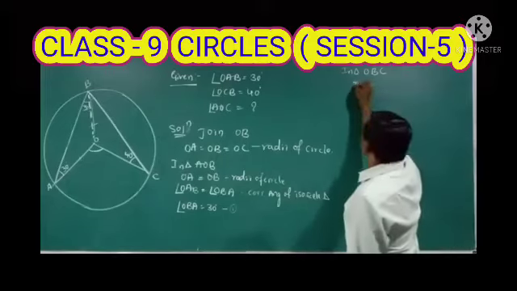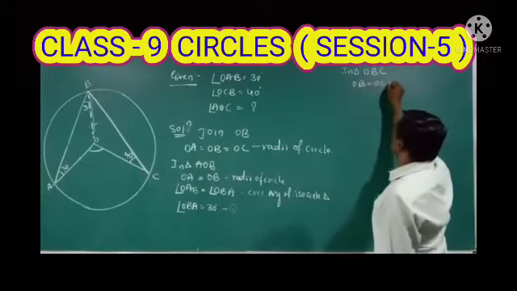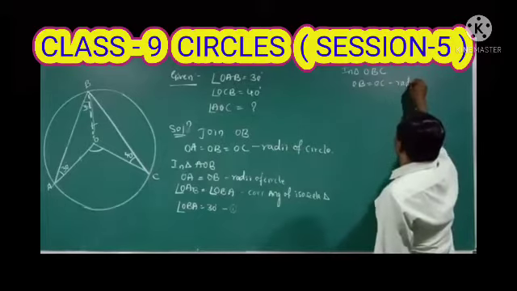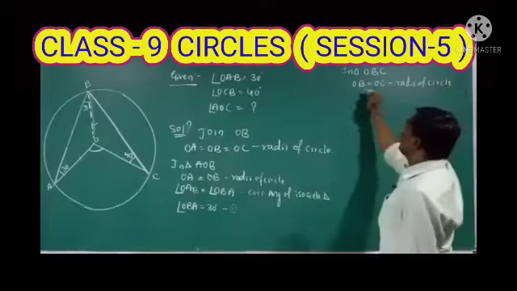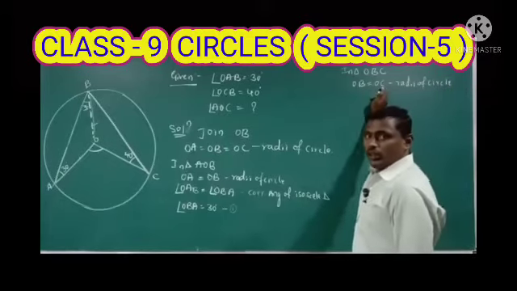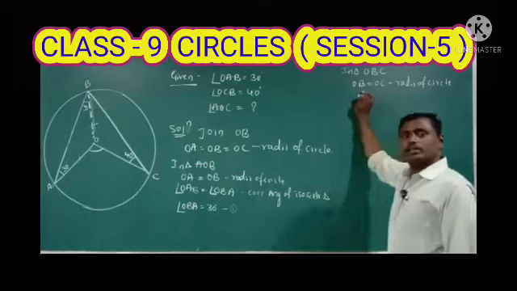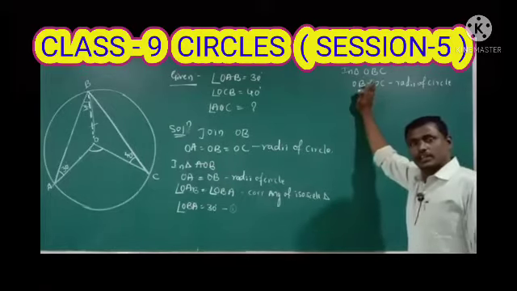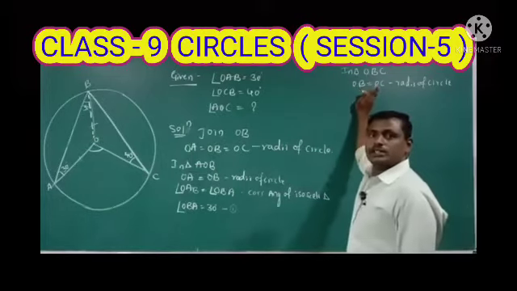So in triangle OBC, OB is equal to OC, these two being radii of the circle. If two sides in a triangle are equal, the triangle is isosceles, and in an isosceles triangle the corresponding angles are equal.